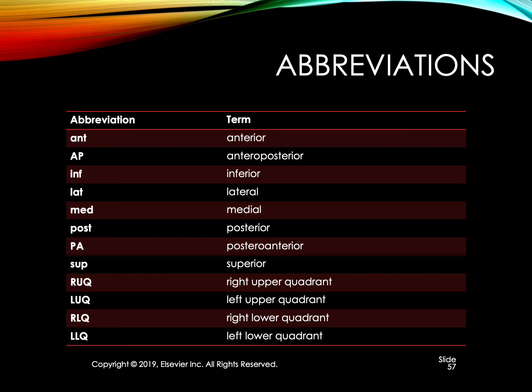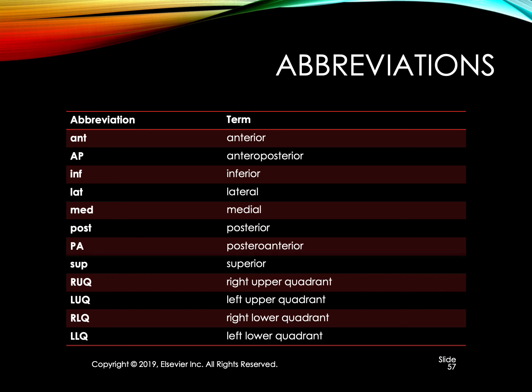And then superior, we get SUP, and then the four last ones are referring to those four quadrants that I spoke of on the previous slide, where you have RUQ, standing for right upper quadrant, LUQ, left upper quadrant, RLQ, right lower quadrant, and LLQ is left lower quadrant.